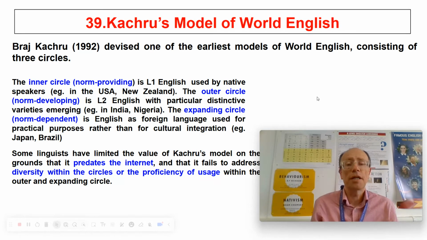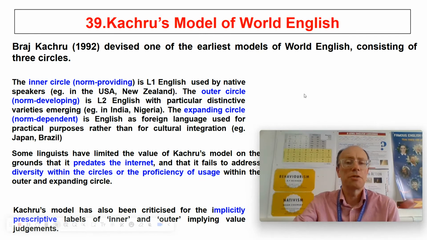And also it fails to address some of the diversity within the circles, and it also fails to address the proficiency of usage within some of those circles. So for example, yes, Japan, you might well be saying, well, this is expanding circle English, but within Tokyo, you're going to have all sorts of different levels of speakers of English there, from the root beginners up to the very, very fluent users of English.